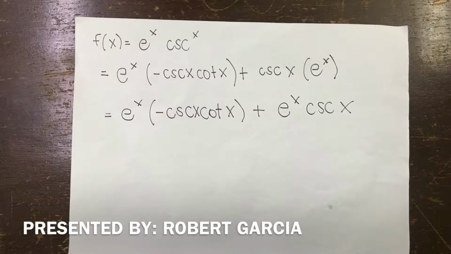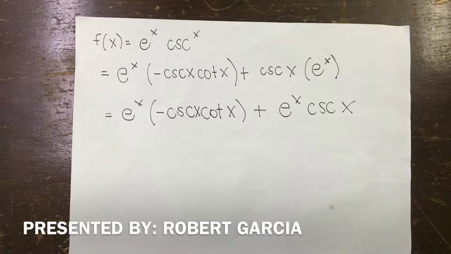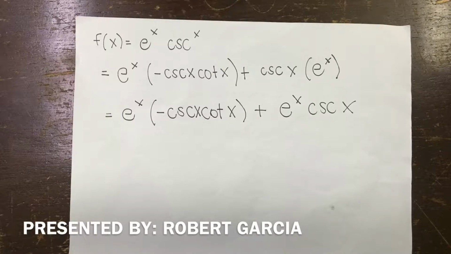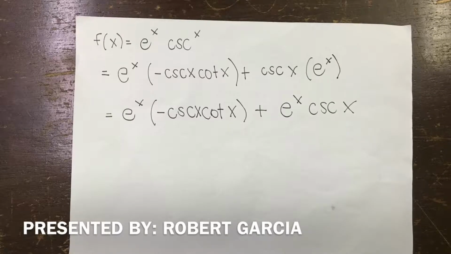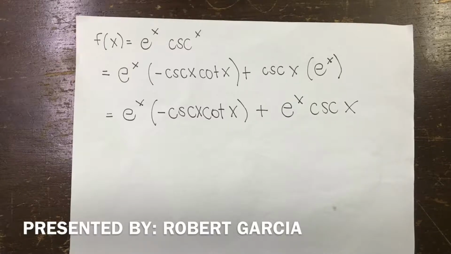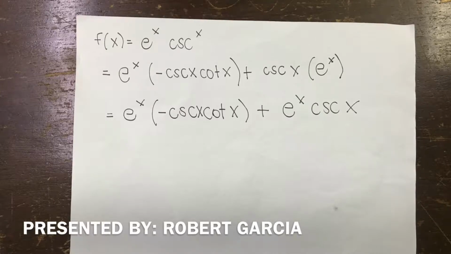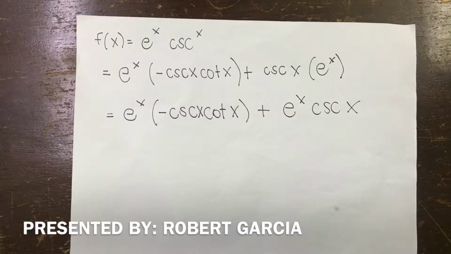So yung next step is f prime x is equals to e raised to x na yung u, times the derivative of v, which is negative cosecant x times cotangent x.